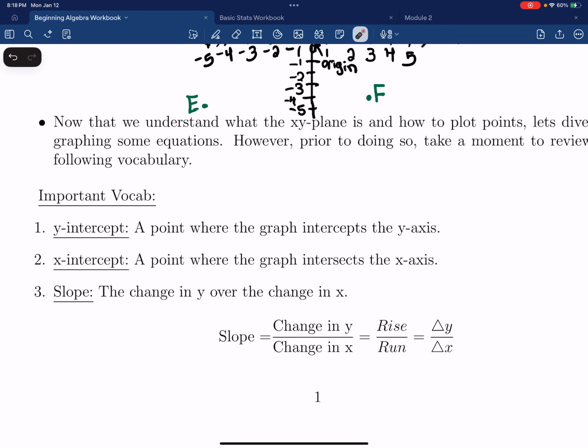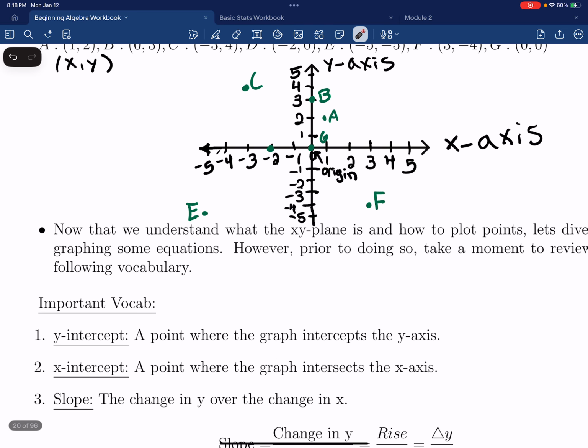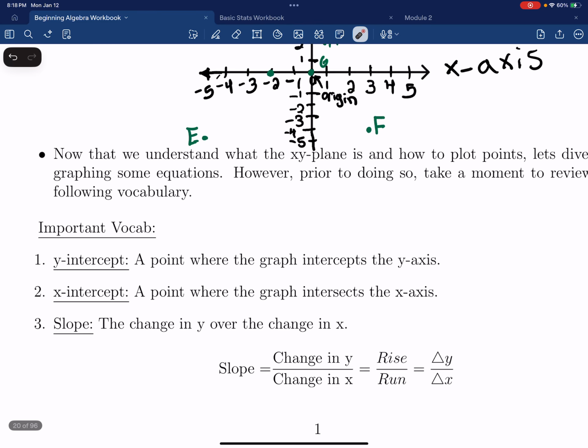And the y-intercept is a vocab word to describe a point where the graph intersects the y-axis. So what that means is, let's say we had a line that looked like this on this graph, right? The y-intercept would be right here, the point where the line crosses through the y-axis.